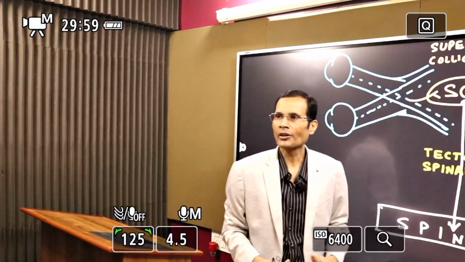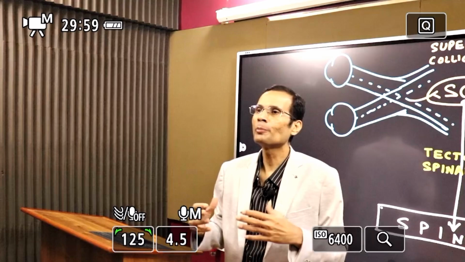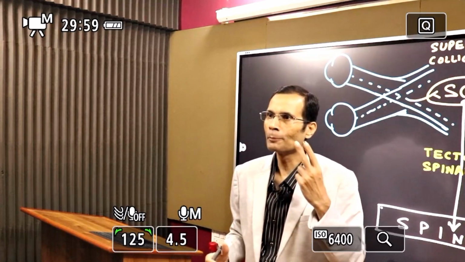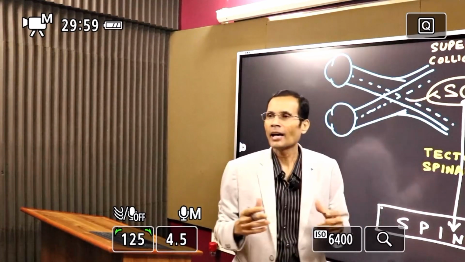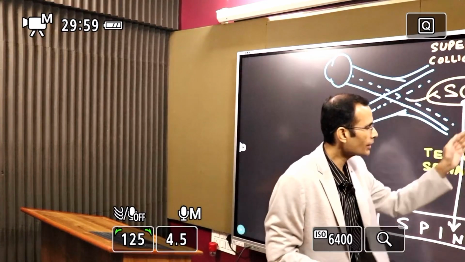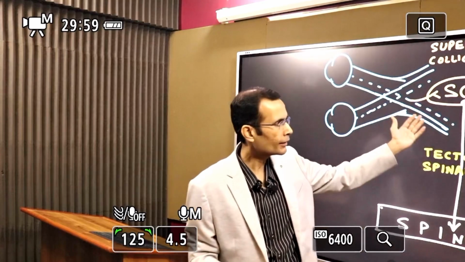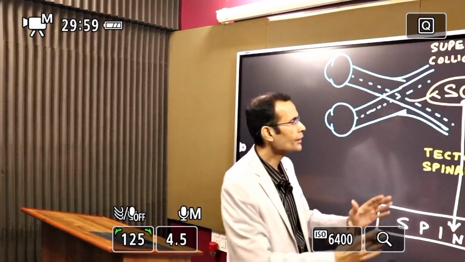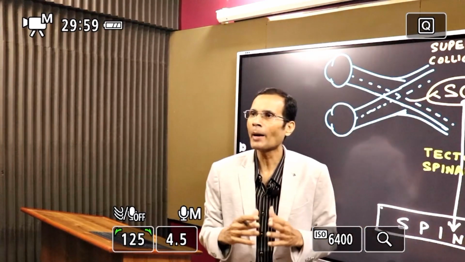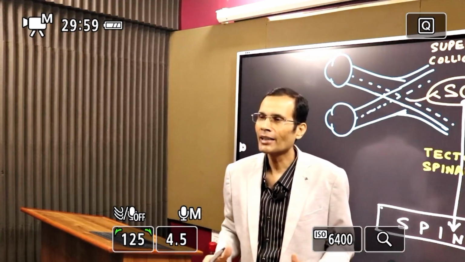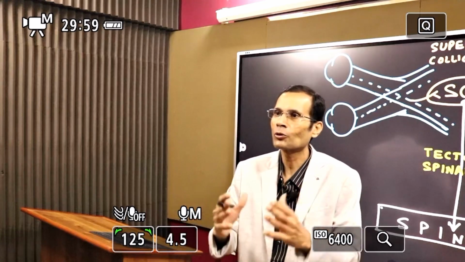This tectospinal tract controls the movements in response to the visual inputs, and additionally the cerebellar signals coming on the spinal cord will assist the signals of the tectospinal tract. So these two tracts reaching the spinal cord work in close association and finally will achieve the hand muscles coordination.